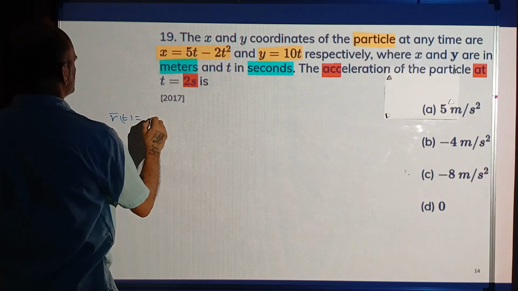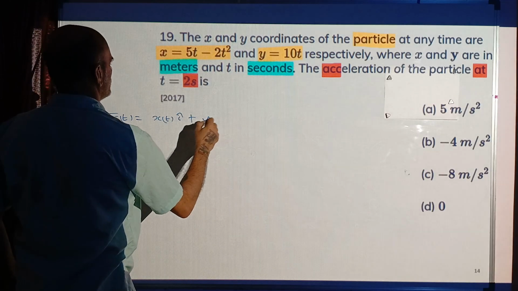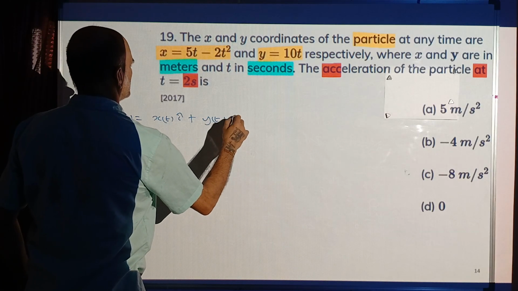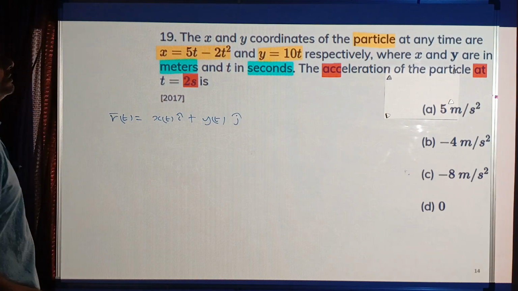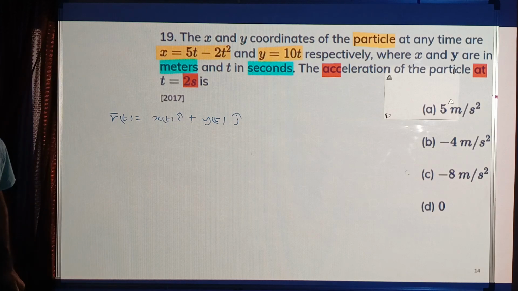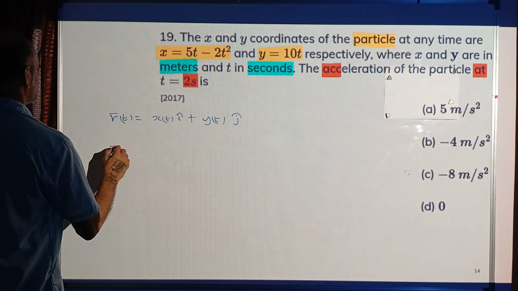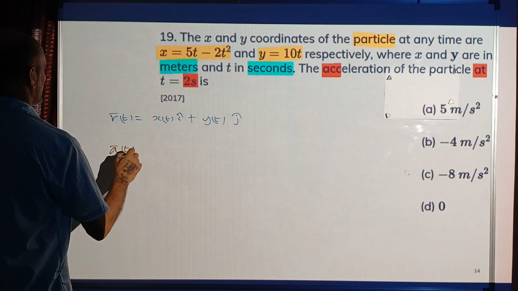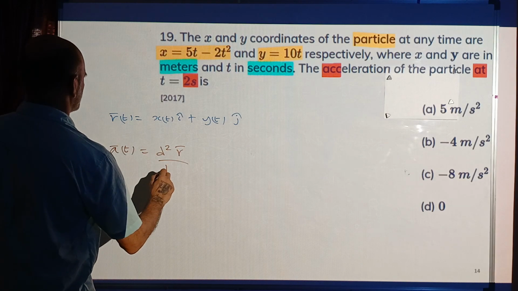is x i cap plus y j cap. Z is actually constant or 0. So only x and y are varying with time. So to get the acceleration, you have to differentiate this thing twice with respect to time.